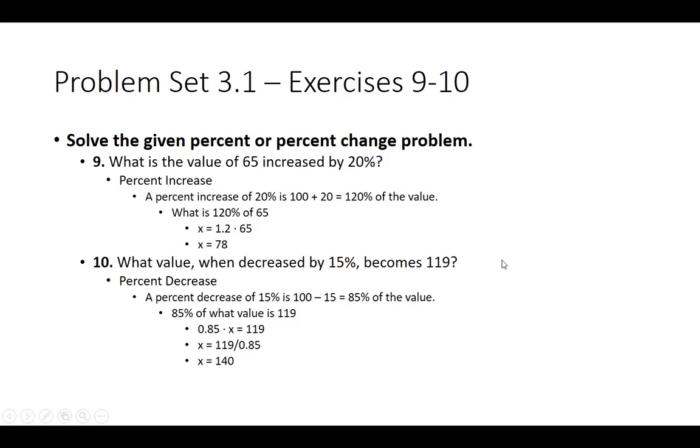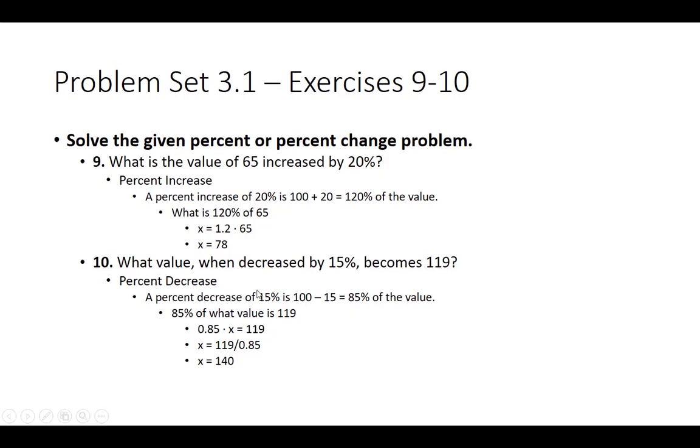Number 10, what value, when decreased by 15%, becomes 119? This is a 15% decrease. In other words, 100 minus 15, a percent decrease of 15% would be 85% of the value.